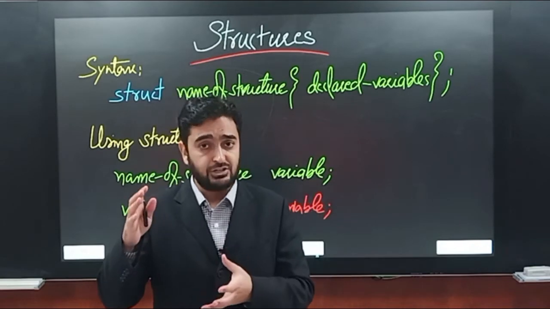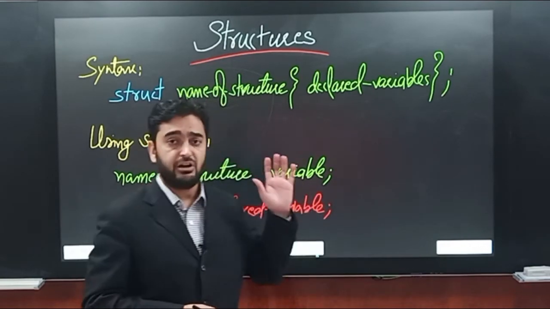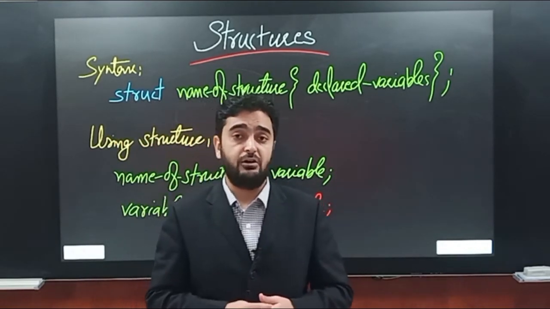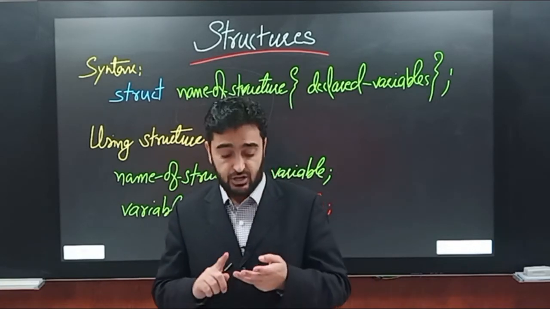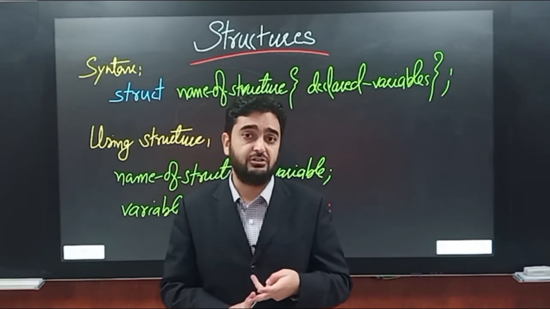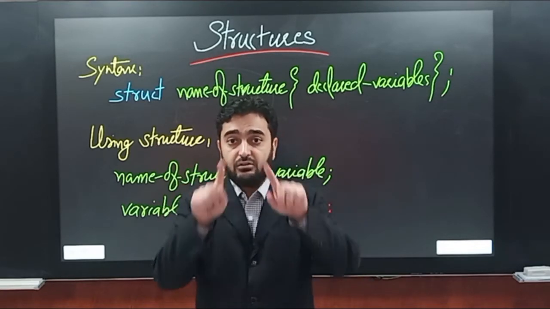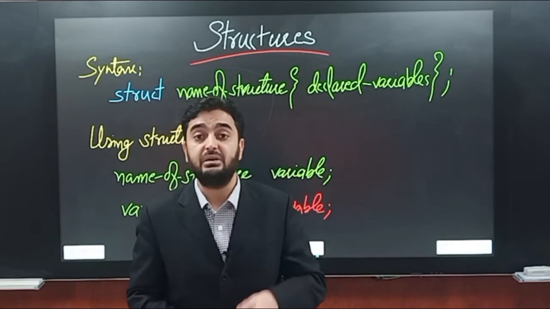To make it very simple and manageable, we have the structure concept in C++ programming. In this case, we will only define 3 variables at once, that is name of the student, age of the student, and obtained marks of the student, under the umbrella of a single name, and that will be student.